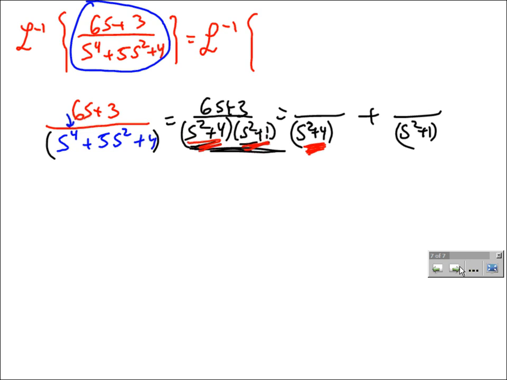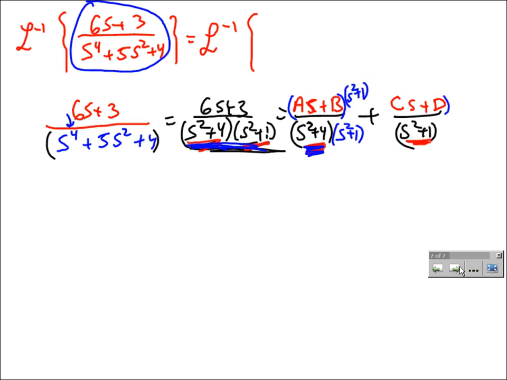Since this is quadratic, second degree, I put linear on top: As plus B. S squared is on the bottom. Degree of the bottom is 2. I put degree 1 on top: Cs plus D. Now, since this denominator only has s squared plus 1, and I want it to have this, all I need to do is put s squared plus 4, top and bottom, multiplied by 1.